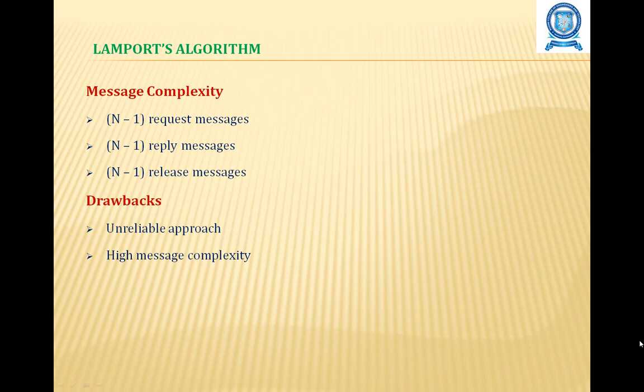Unreliable in the sense that failure of any one of the processes will halt the progress of the entire system. The second drawback is that this algorithm requires 3(n-1) messages per critical section invocation.